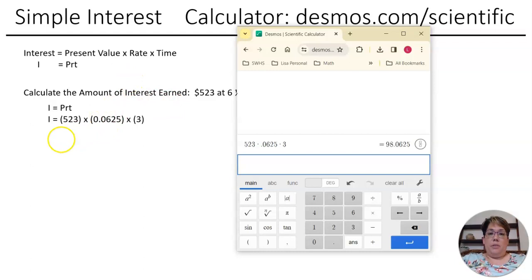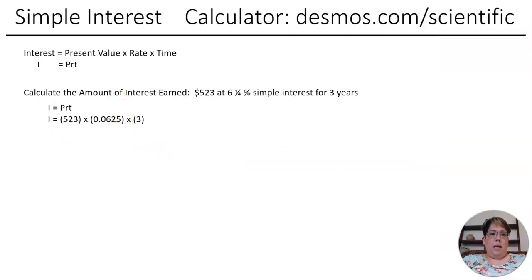In this particular case, 98.0625 rounds to 98.06. So $98.06 would be your interest. That would be the amount of interest earned.